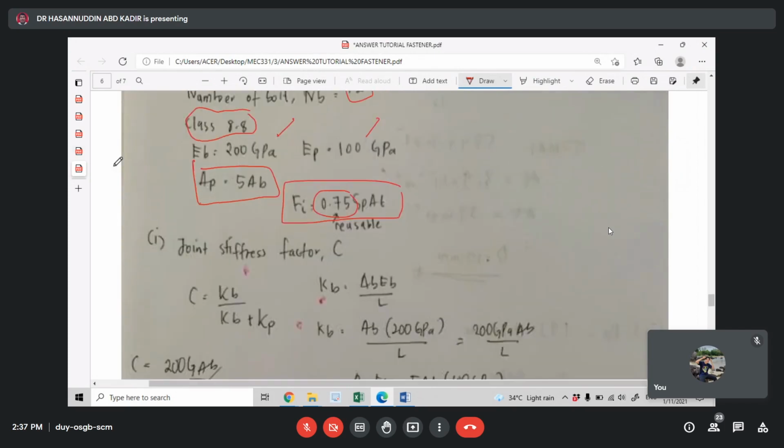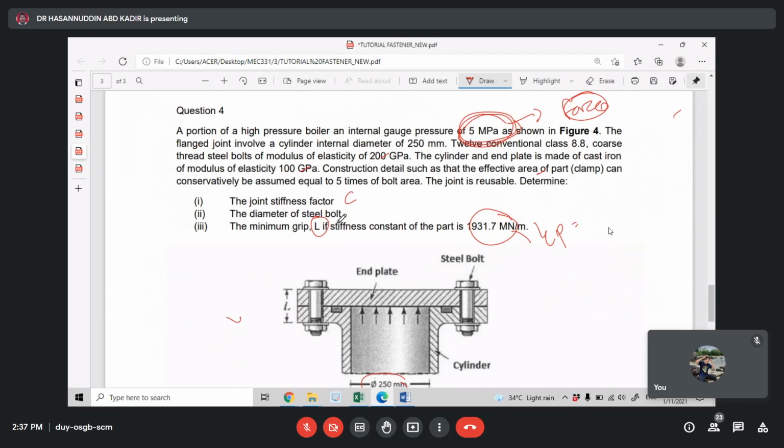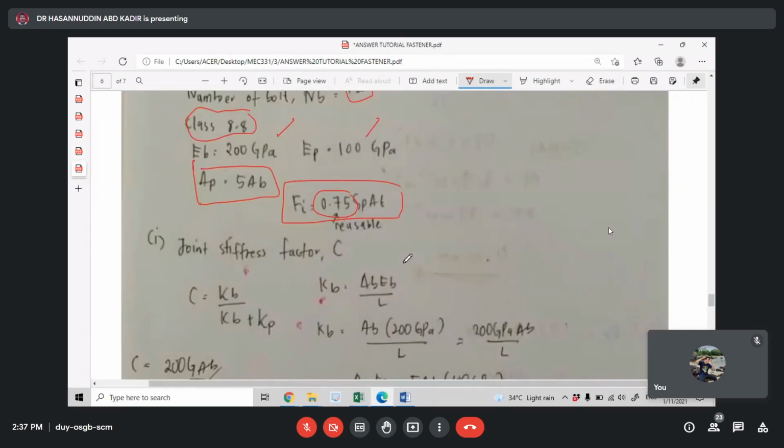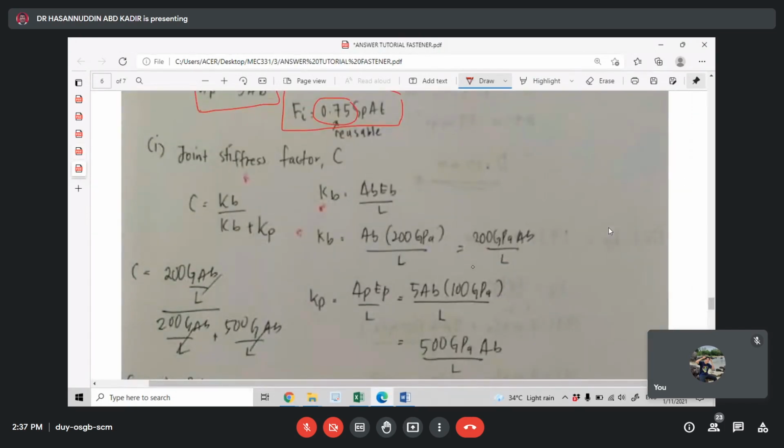Okay, so the question number 1, they ask you to find the stiffness factor. So as usual, you can apply the value this one. So because this one, then in this question, they are not give us some ratio for the KB and KP. So that means you need to involve with the KB and KP lah, okay, with the formula of KB and KP.